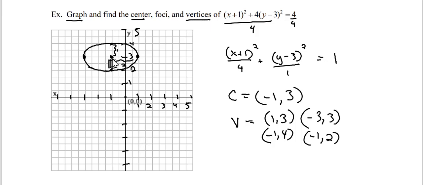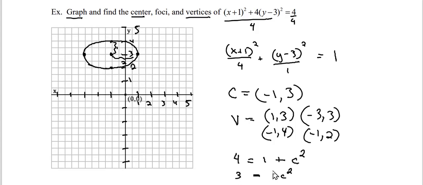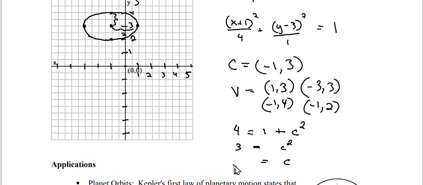The foci will be along this horizontal axis because that is our major axis. 4 will equal 1 plus c squared. So c squared is 3. c is the square root of 3, plus or minus technically.